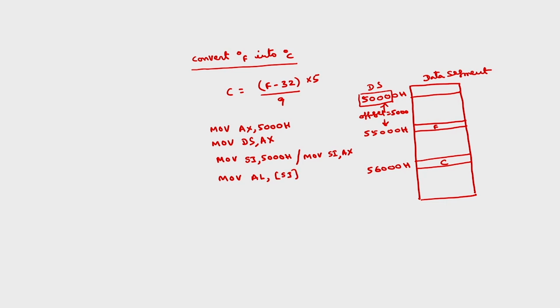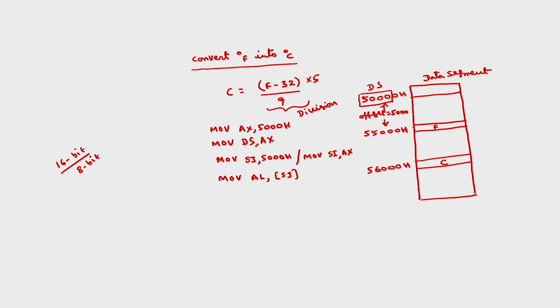So you have to subtract 32 from the Fahrenheit value. Before subtraction, you also have to perform the division later. We have a division instruction directly, but the division instruction will be for 16 bit by 8 bit and 32 bit by 16 bit.